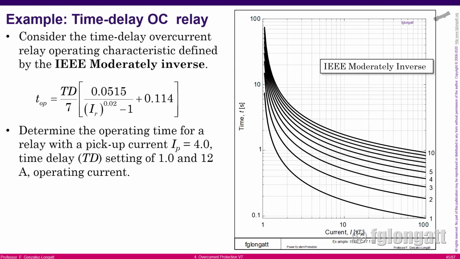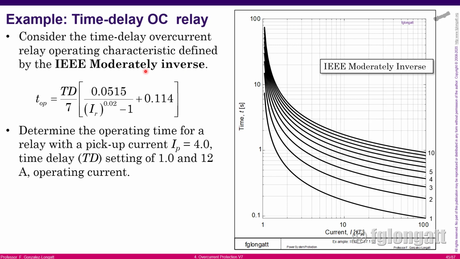Okay, here we have a very simple exercise. Let us consider a time delay overcurrent relay, and in this case the characteristic that is defining the operation of this device is an IEEE moderately inverse curve.